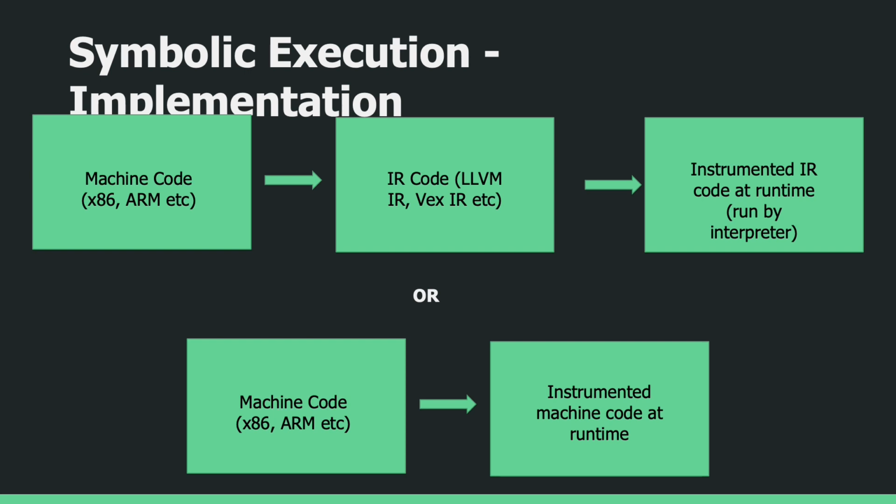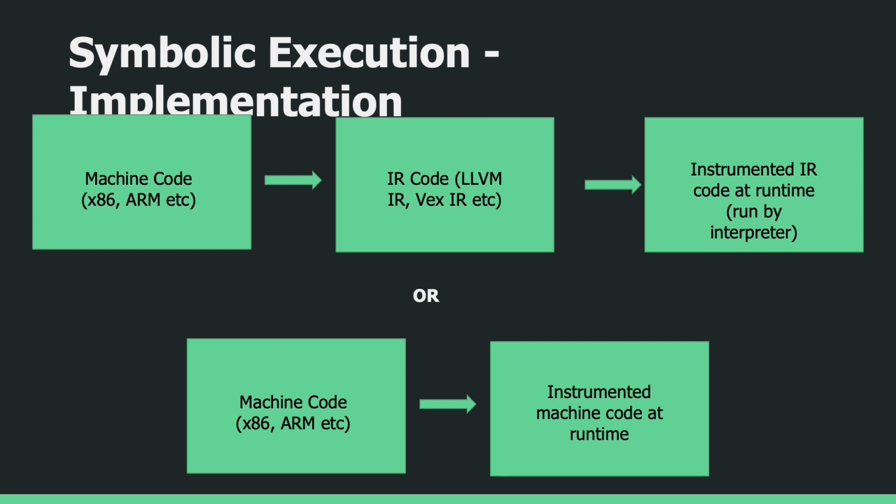Now obviously the major difference between these two is that the first approach is much easier to implement, because generally the IR code, the internal representation, is much simpler. It has much fewer instructions, so you have to deal with a lot fewer instructions than in machine code. So the second approach is much more difficult, the first is easier.